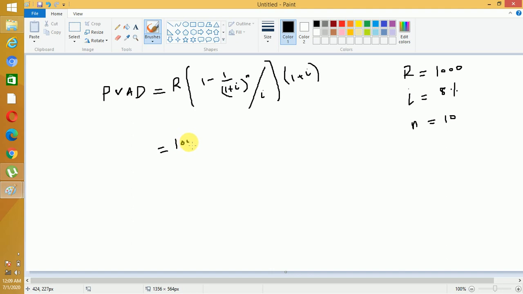R is 1000. 1 minus 1 divided by 1 plus I. Interest is 8%, raised to the power n. So number of years is 10. You will divide this whole by I. I is again 8%.